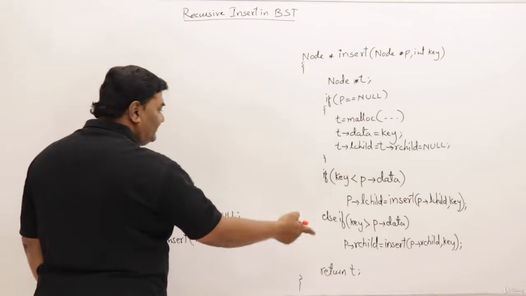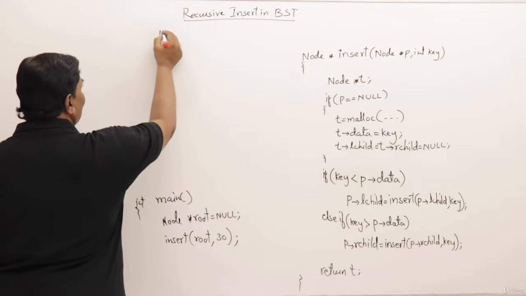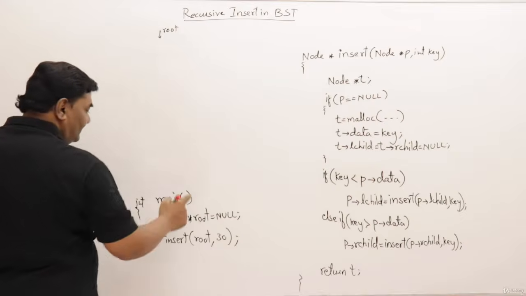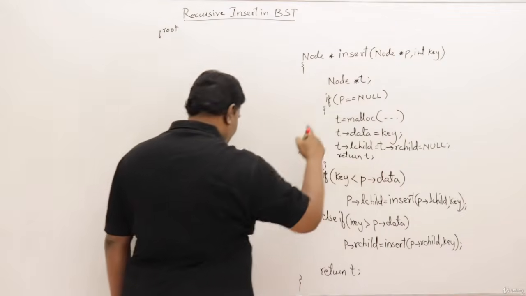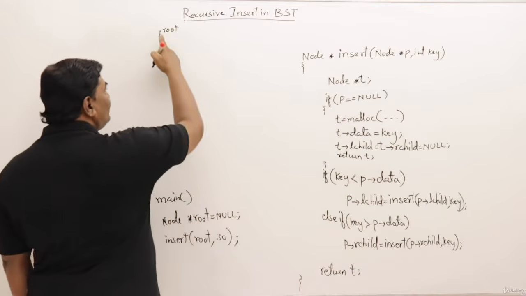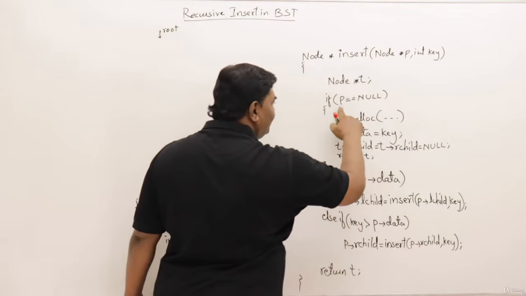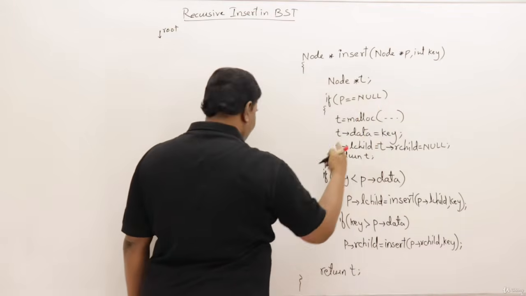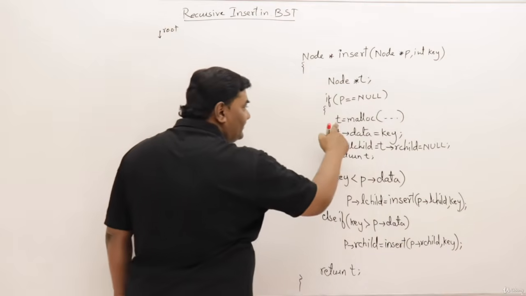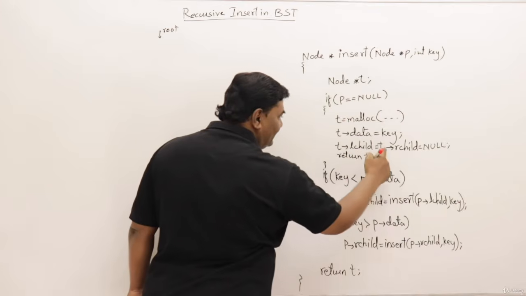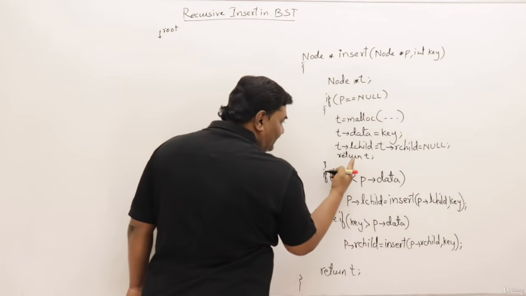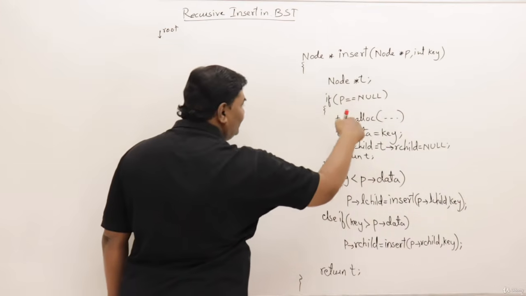So how does this work, let us see. Right now root is null, right? So when I call the insert function by passing root, that root is p here and it is null. So what is the first statement? If p is null, yes, p is null right now. So create a new node, set the key in data and set left and right child as null and return this t, that new node.